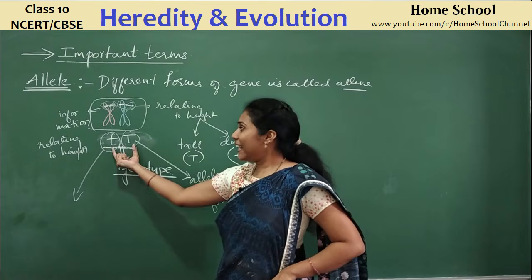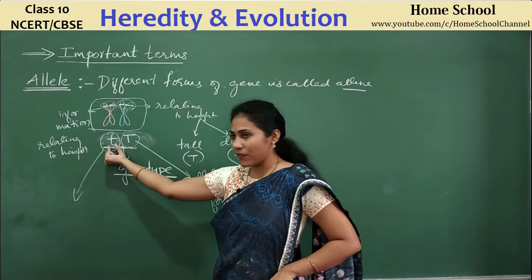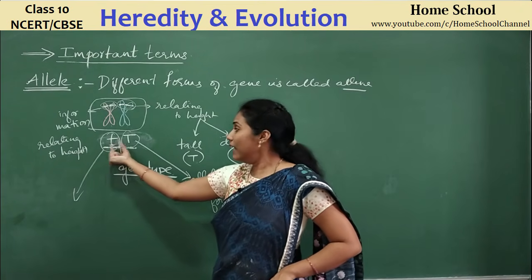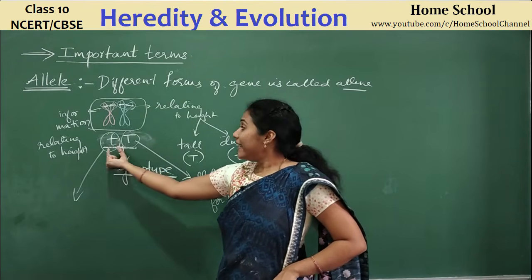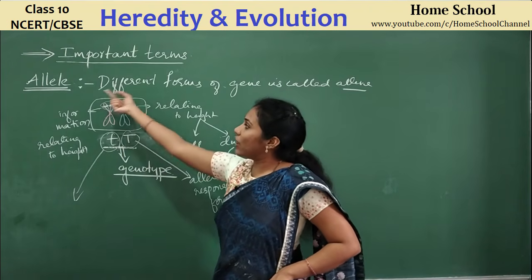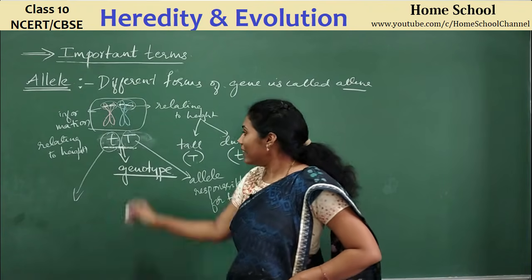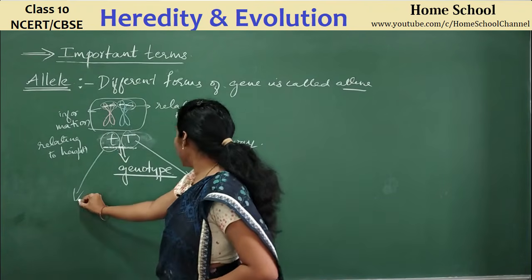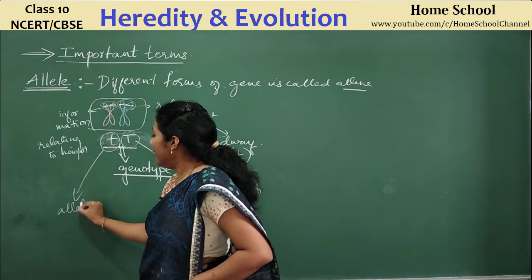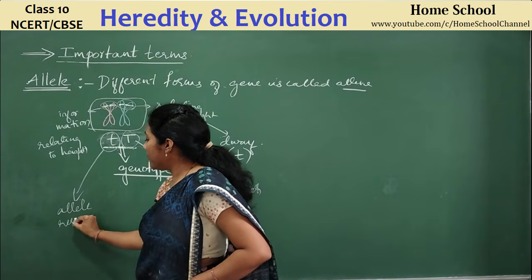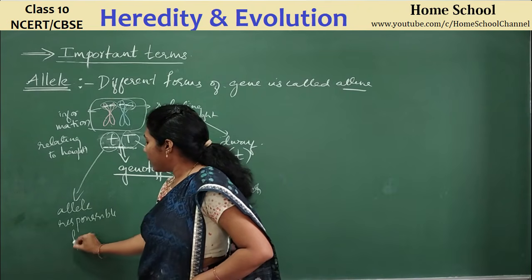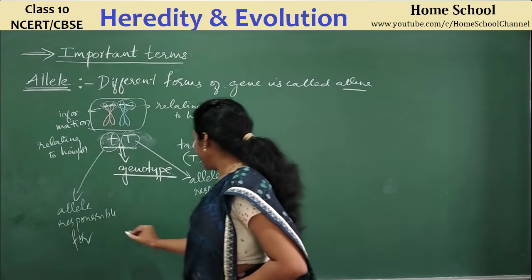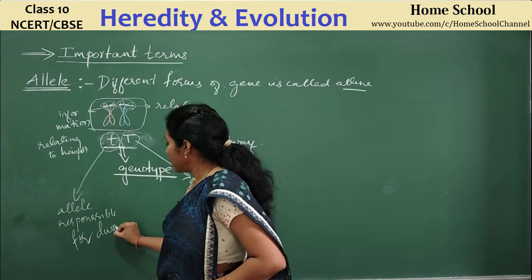Both are relating to height only, but this is one form of a gene coming from the mother, and this is another form of a gene coming from the father. Each form we call an allele. So this particular thing is another allele, responsible for dwarfness.